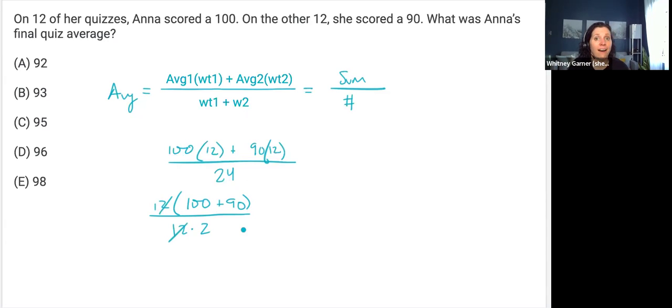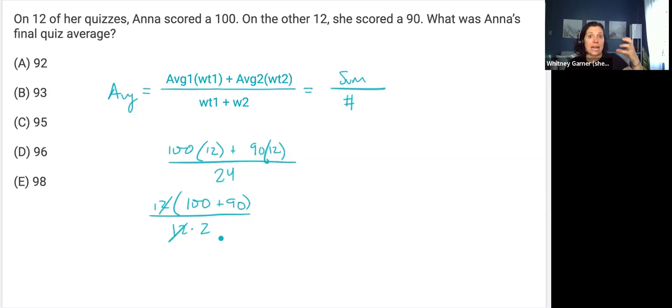And what we find is that the weighted average of this particular problem is in fact the same as the simple average if I took 100 plus 90 and divided it by 2. The reason is that when we're thinking about the weights of subgroups, we don't actually care what the actual weights are, just what their proportional weights are.